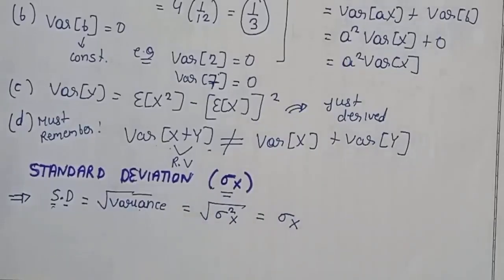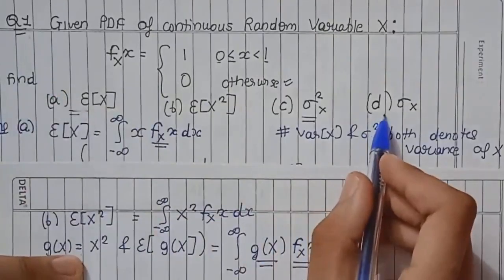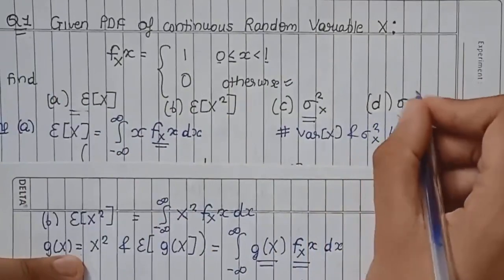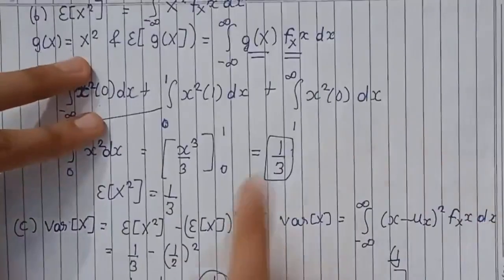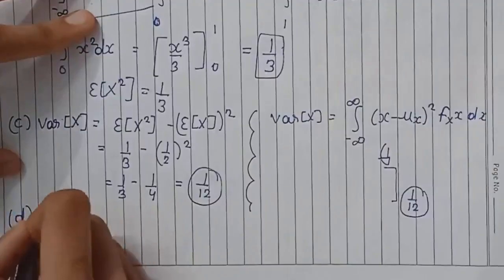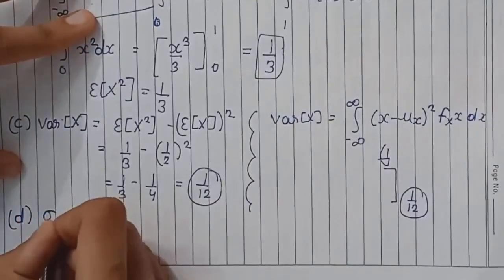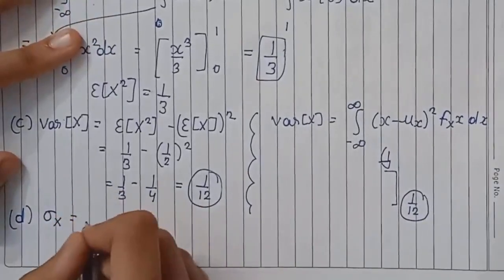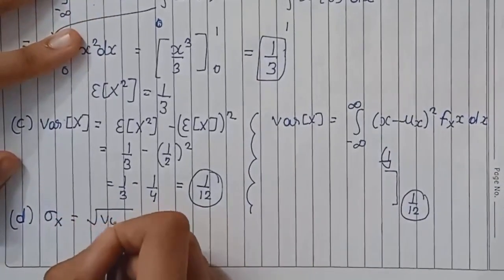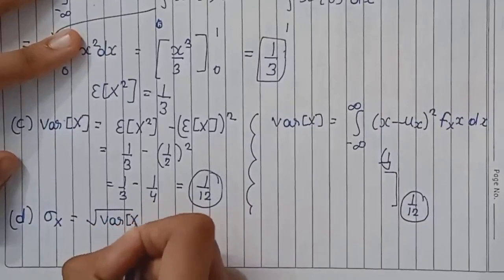So moving on to the question that we have taken earlier. In the D part, we need to find the standard deviation of random variable x, and we know that it is equal to the square root of variance of random variable x.